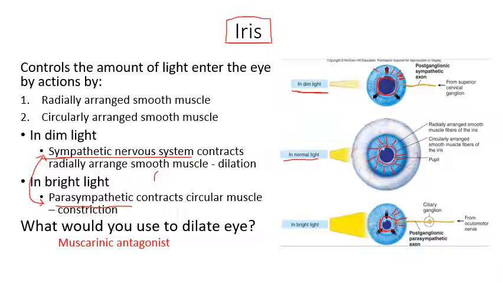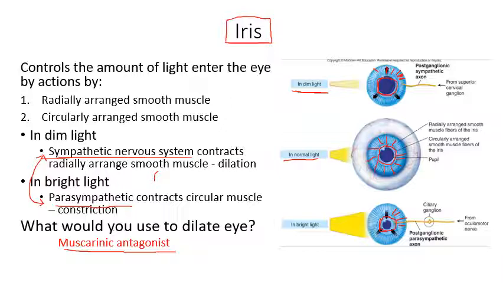We'll get into muscarinic antagonists when we get to the autonomic nervous system, because the receptor that controls the contraction of this muscle is a muscarinic receptor. Acetylcholine is being released, and there are muscarinic receptors on the circular muscle.